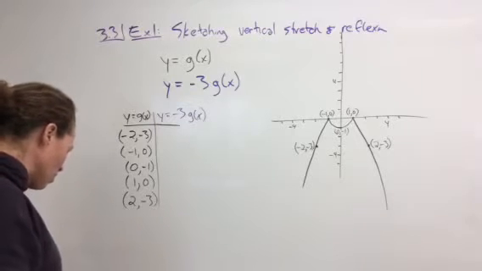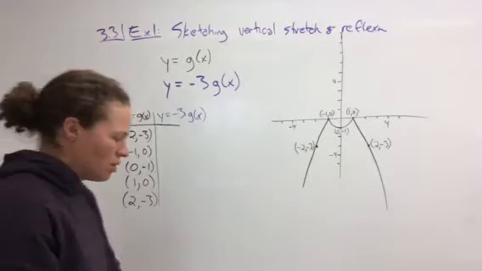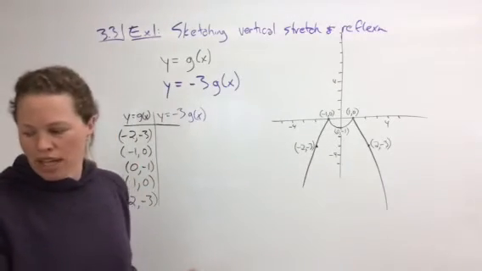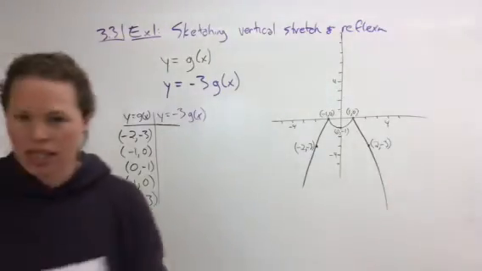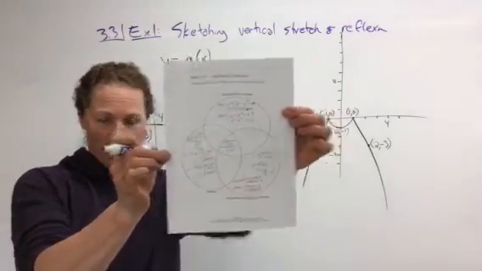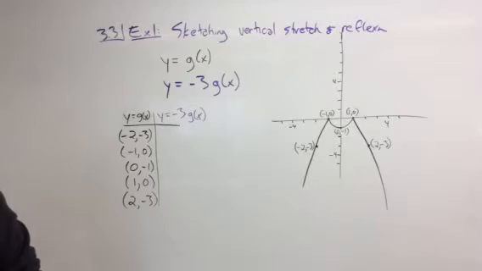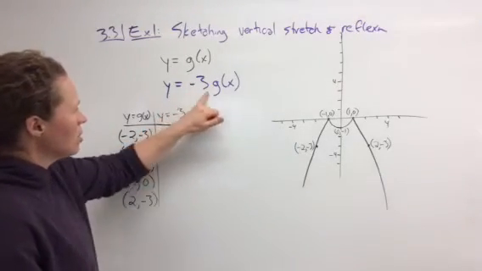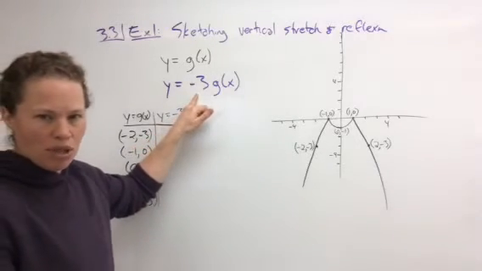So remembering that, using my little handy-dandy cheat sheet, it says on there that if I've got something outside the function, then I'm going to multiply this by the y value to get my new point.